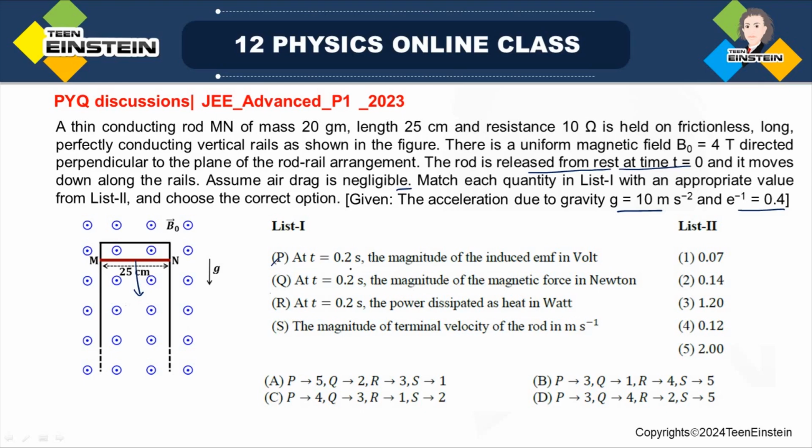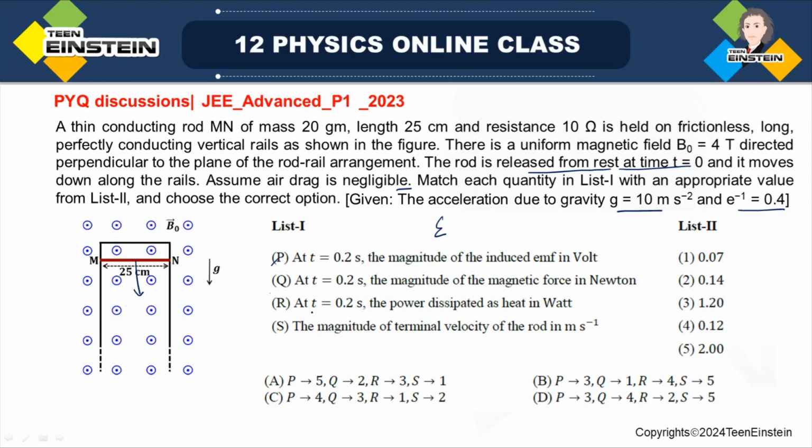At t equal to 0.2 second, the magnitude of the induced EMF. That means I have to find the induced EMF. Second, at t equal to 0.2 second, that means at the same time, the magnitude of the magnetic force in Newton.